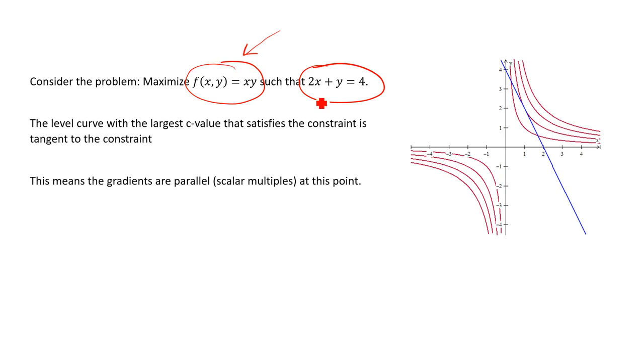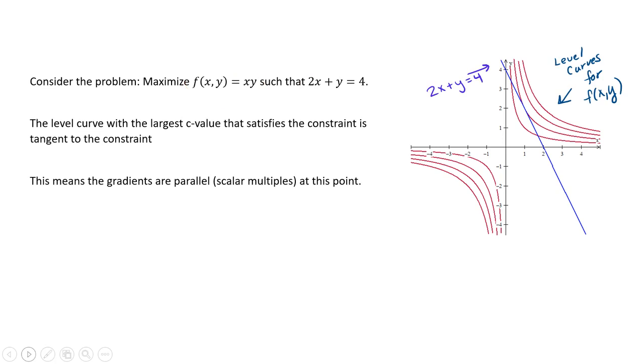The constraint, the line 2x + y = 4, is graphed in blue. So the idea is we're trying to find the largest z value, or the largest level curve, that satisfies or touches my constraint, my blue line.